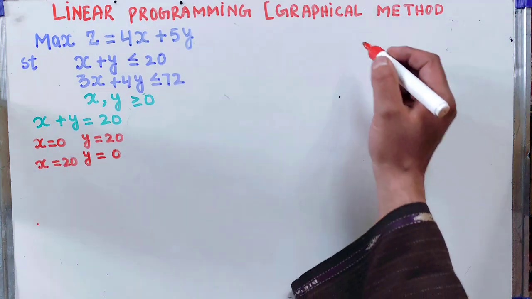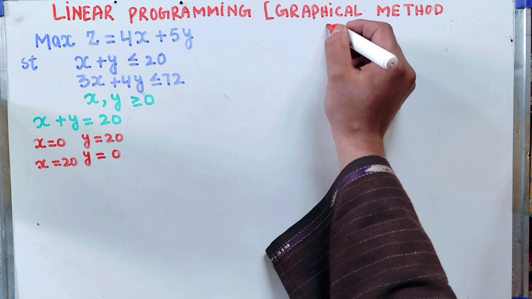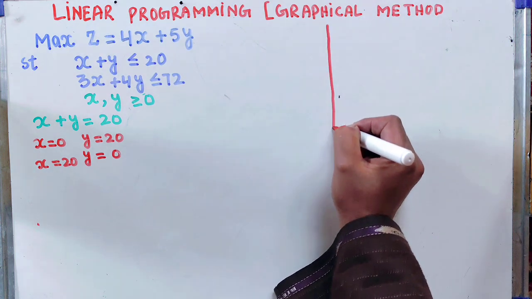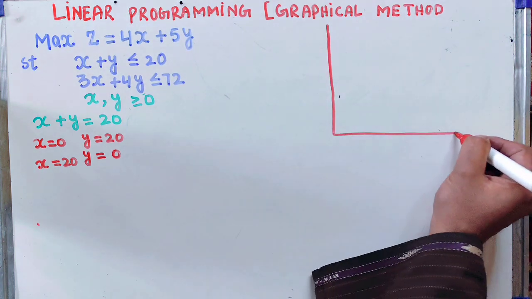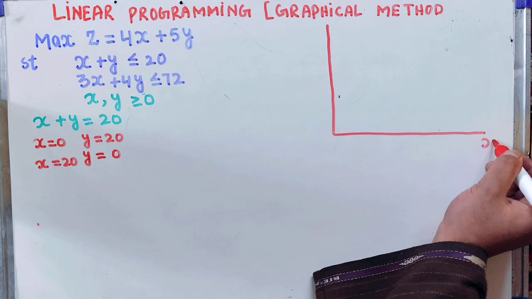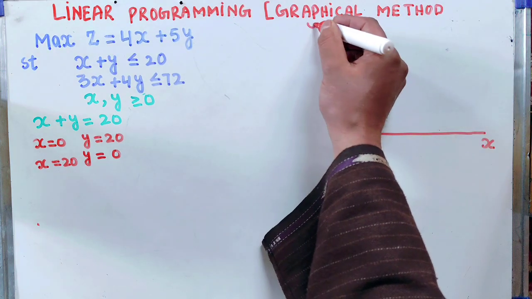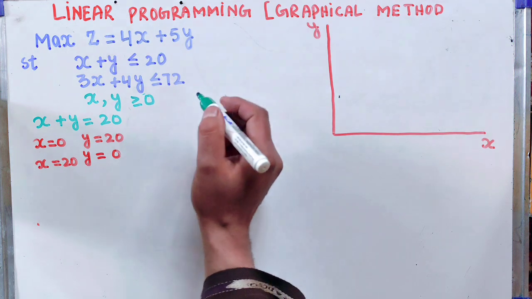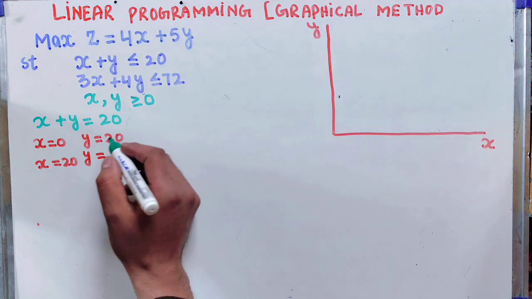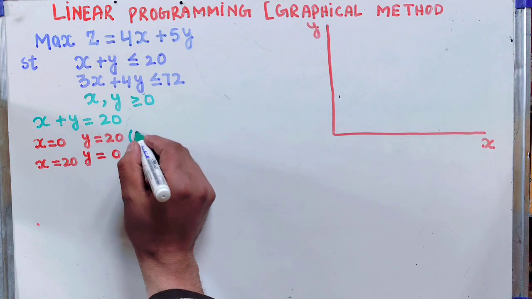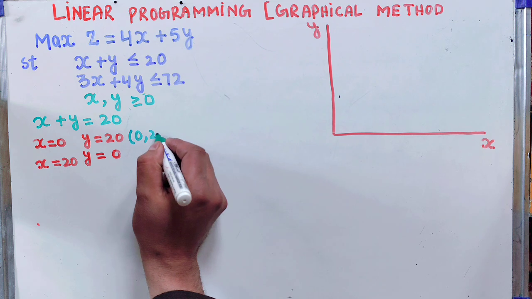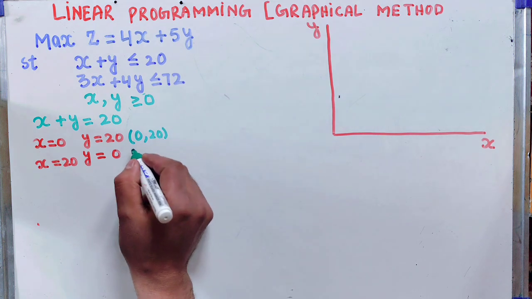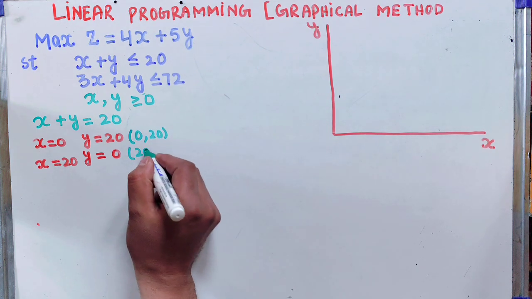Okay, so we also need to draw the graph here. Let us say x is on the horizontal axis, y is on the vertical axis. Here you can see we have the points (0, 20) and (20, 0).